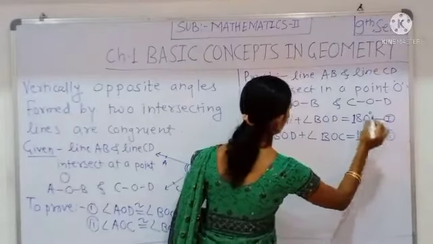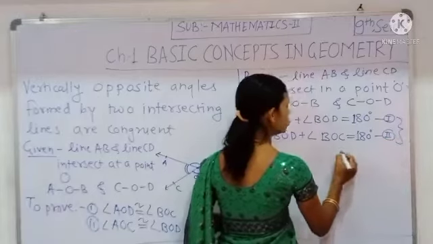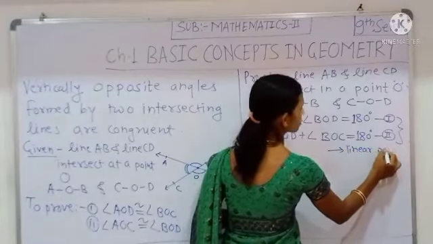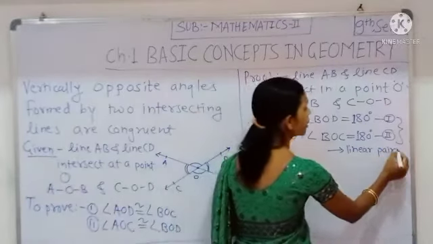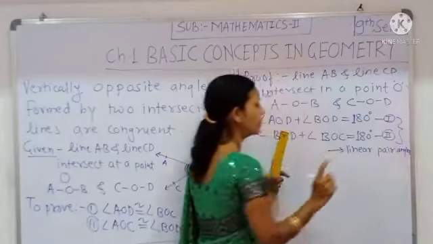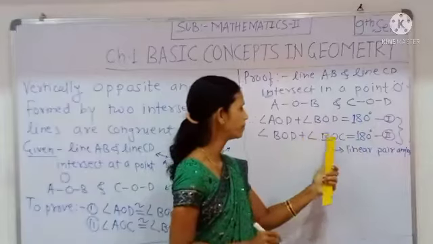Let this be equation number 2, because of the property used here. These are linear pair angles, and all of you have learnt that linear pair angles are supplementary, that means the sum of a linear pair of angles is 180 degrees.